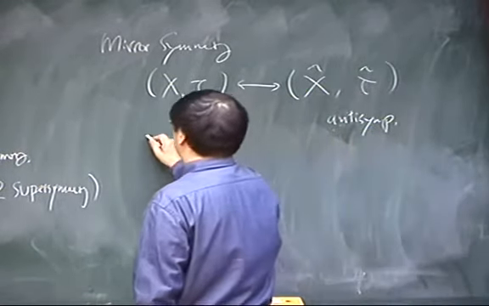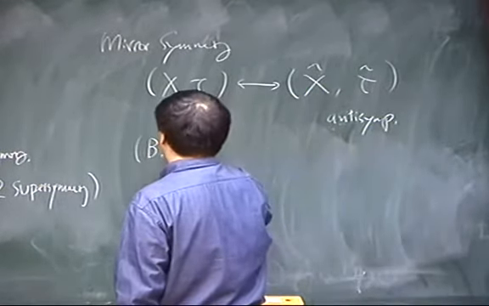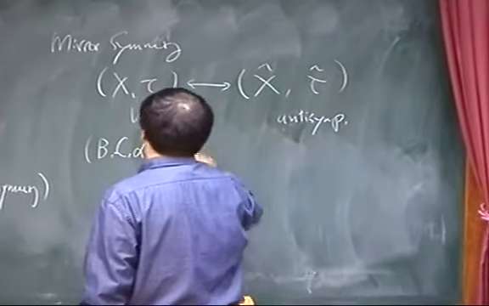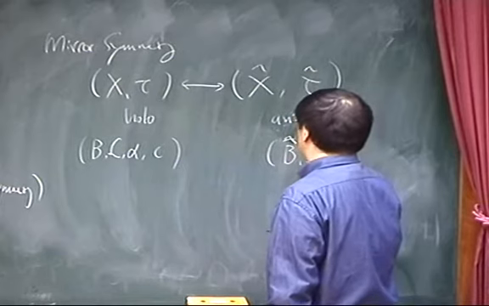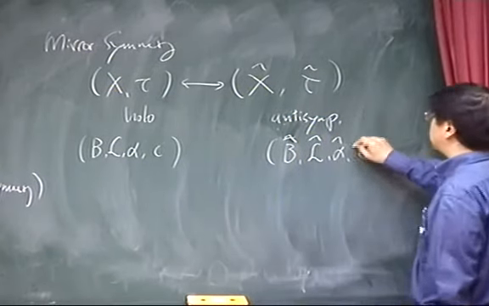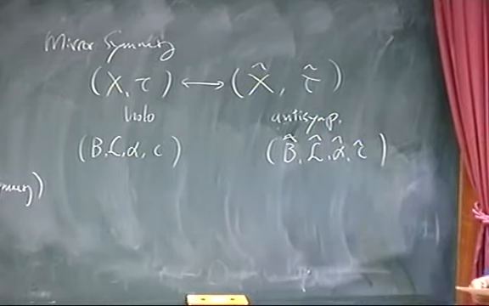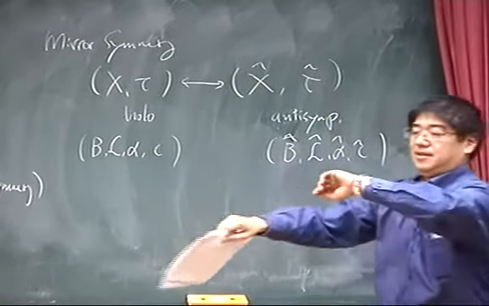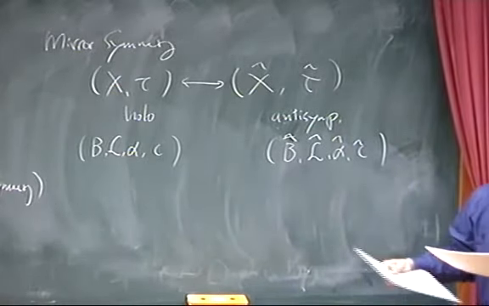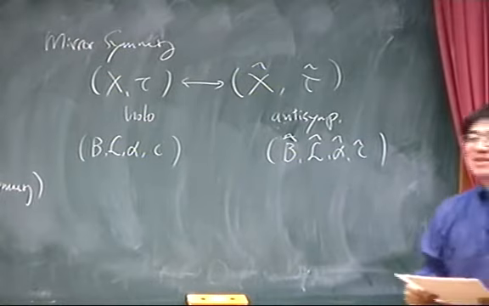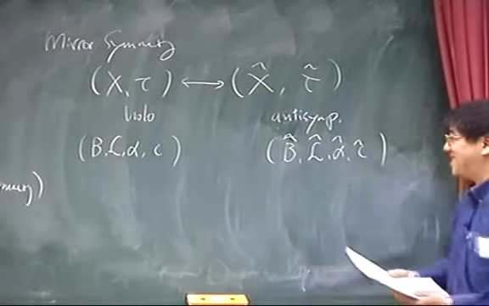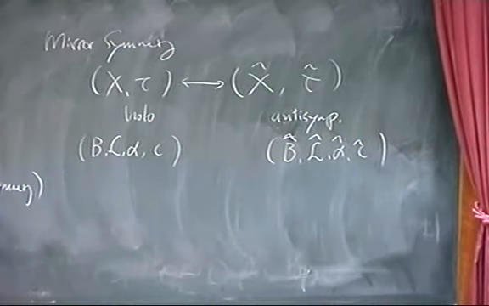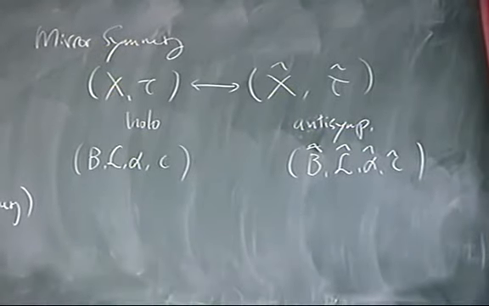And of course you have to put in additional data. And if I have time, how many more minutes do I have? 2 minutes, okay. Let me squeeze in, let me try to show you some example.